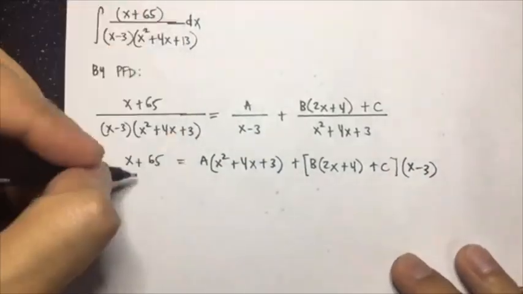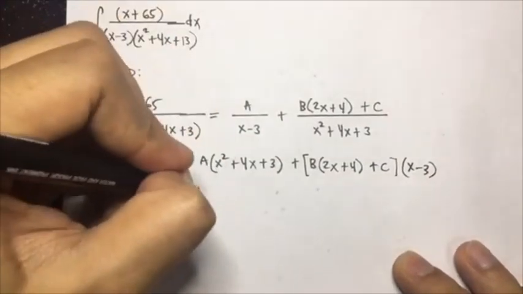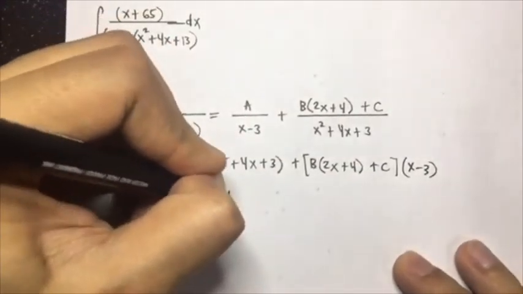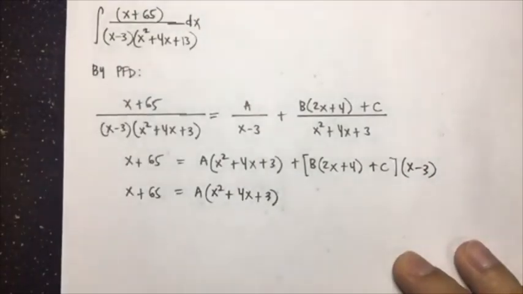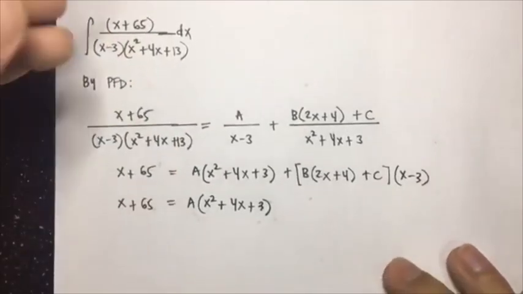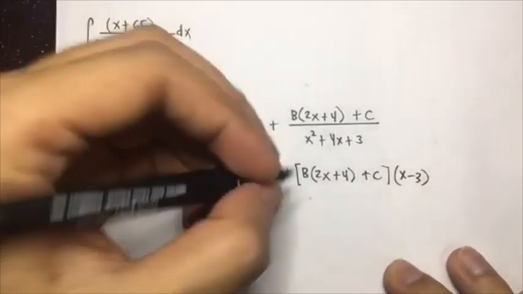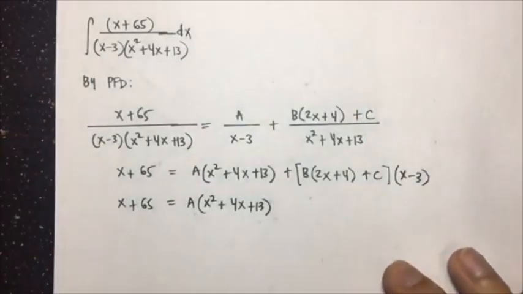So let's distribute. So x plus 65 is equal to a times x squared plus 4x plus 13. Sorry, that's plus 13, so I'm so sorry.